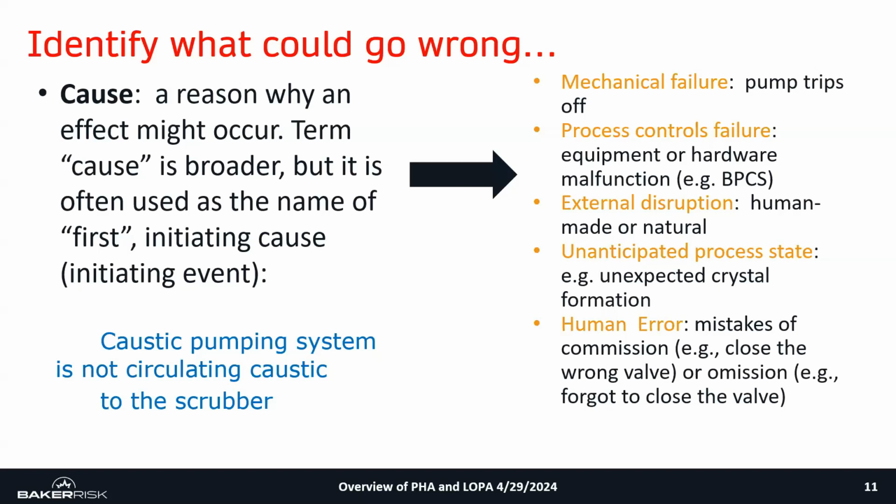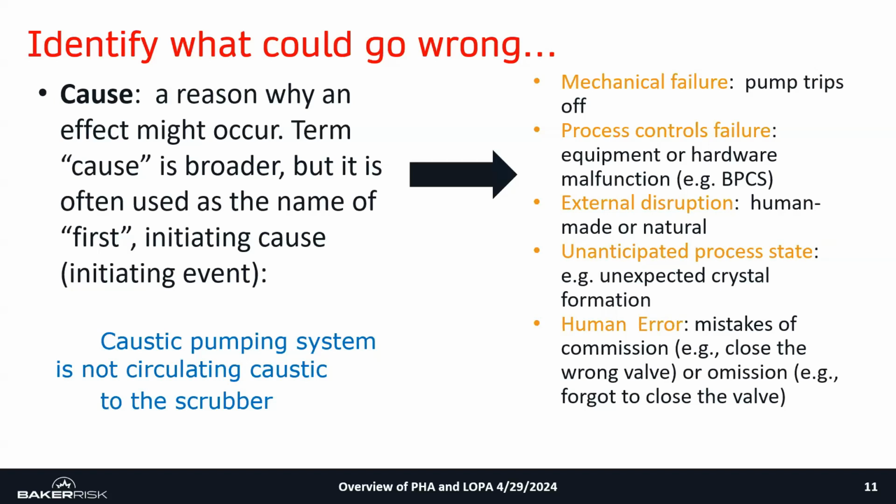It could be external disruption, either human or nature, that may impact the ability of the process to deliver caustic. It could be an unanticipated process state, so perhaps you've got crystallization going on in your caustic and it's caused pluggage.